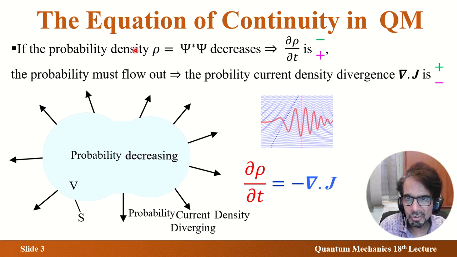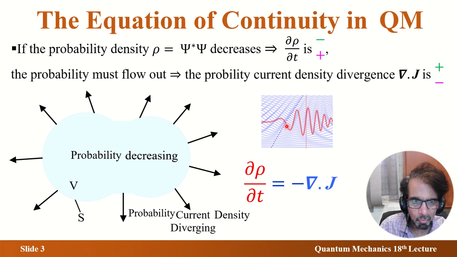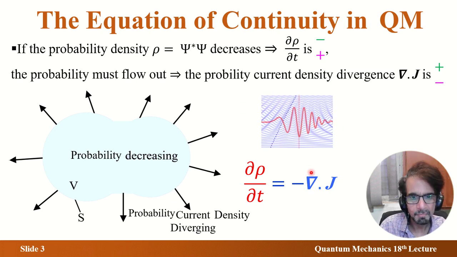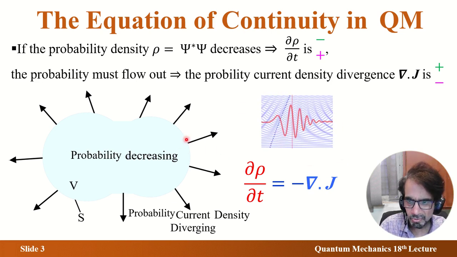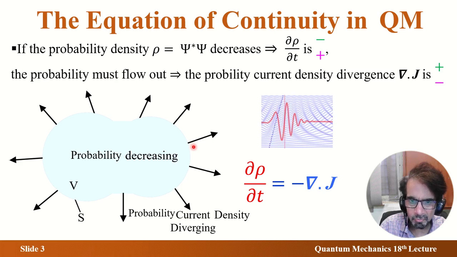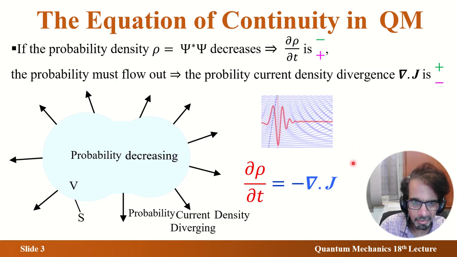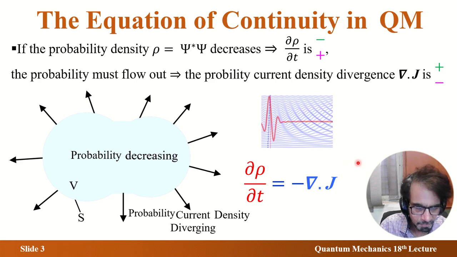Probability density has a Born rule in quantum mechanics, that is psi star psi, the wave function complex conjugate multiplied by the wave function. The rest is nothing new, but this time probability density is related to probability current, and that will flow. You can pause and see it, but it's only rewritten there, so I don't have to spend time on it.